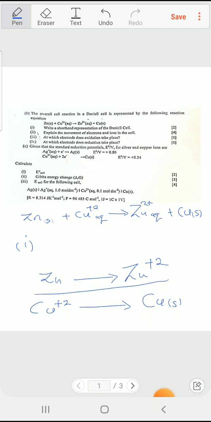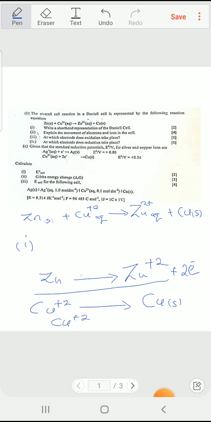When you look at this reaction on top, you can see that there was a loss of electrons, and the loss of electrons is what is known as oxidation. So the electrons being added at the end of the arrow, that is oxidation.